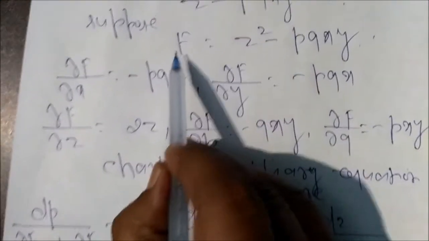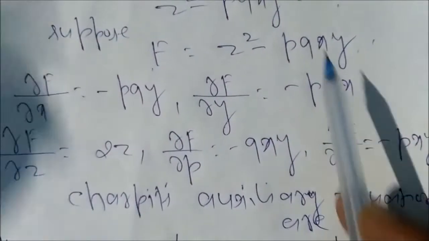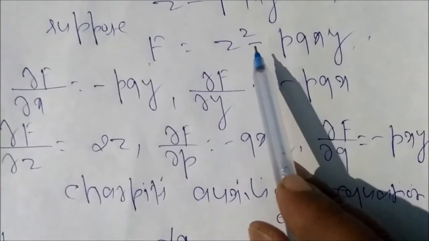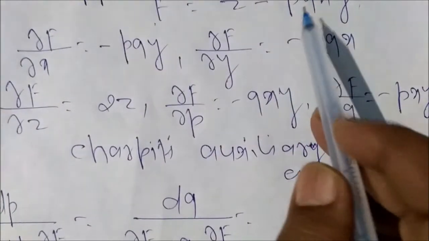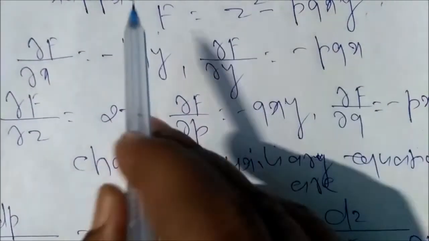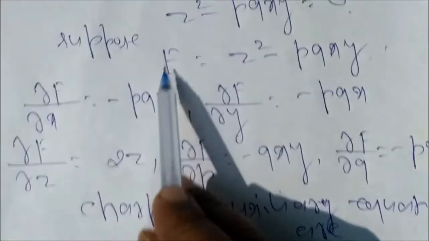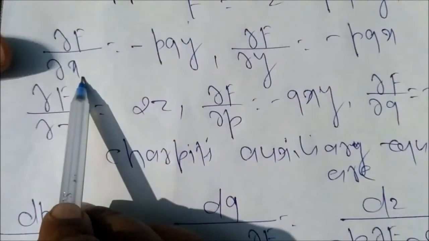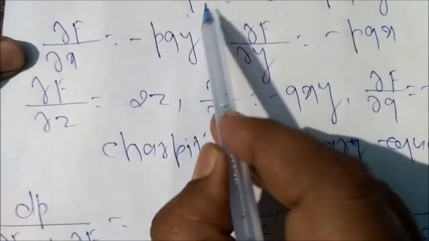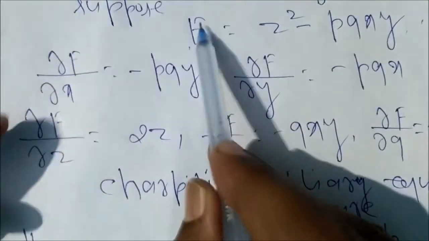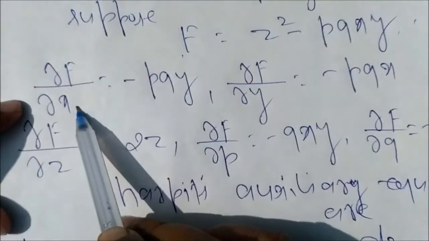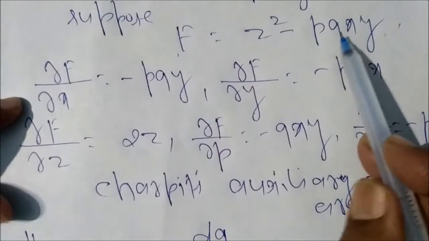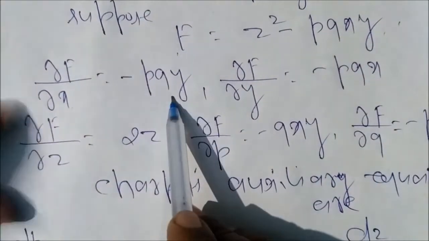It means f is a function of p, q, x, y, and z. First of all, we differentiate partially function f with respect to x, y, z, p, and q. See here, del f by del x. If you differentiate f with respect to x partially, del f by del x will be minus pqy.